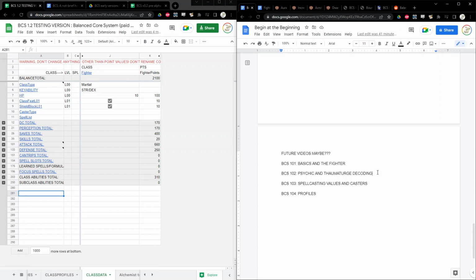But once we got the final versions and I plugged in numbers for the final versions, then they made so much sense and they look so good. It really showed me the system is working in real time. So it was exciting, and I'm gonna make a video showing me plugging in those numbers and how quick it is. And then spellcasting values, the cost of spells, the cost of cantrips, that was a headache. I spent probably 100 hours on that alone, and so that definitely needs some explaining.